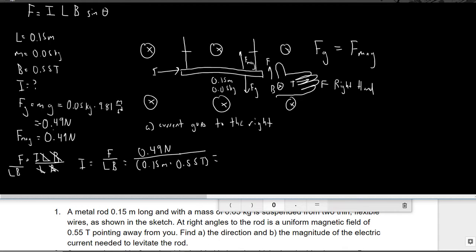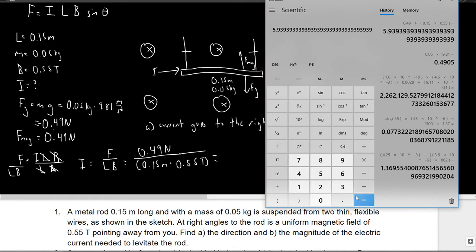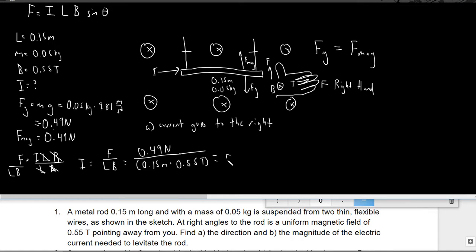That looks easy enough to just plug into a calculator. So I've got 0.49 divided by parentheses 0.15 times 0.55 close parentheses equals 5.9. Looks close enough to me. So that means the electric current is 5.9 amps.